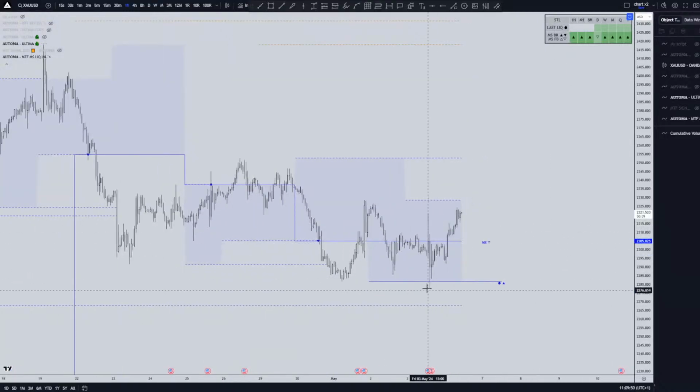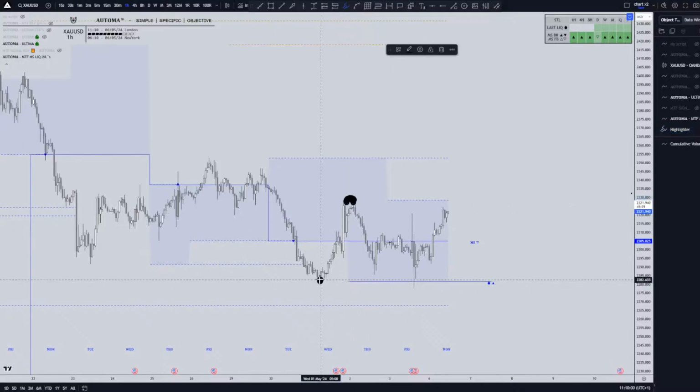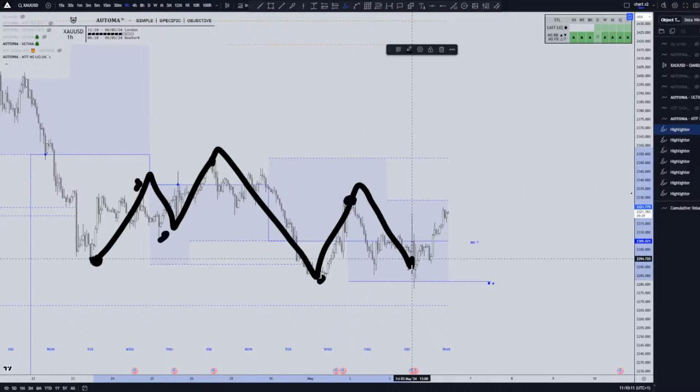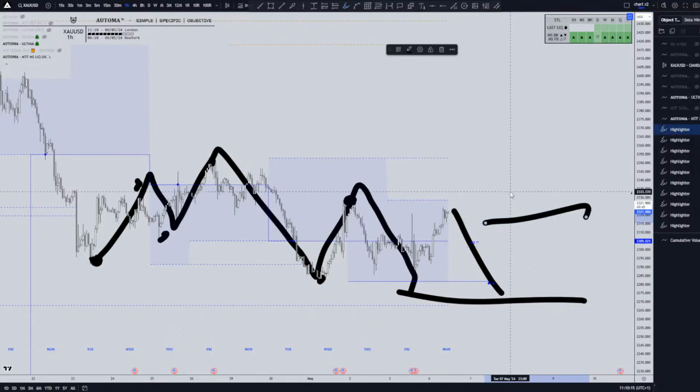It provides us with the dailies market structure, so it's visually easy to track. That's the last market structure point, that's the previous one, and the one before, and we can see how the market structure has developed. That will be the next one, and if we reverse it will be the next one, and so on.